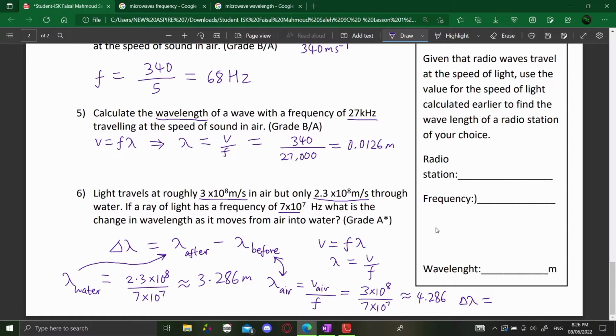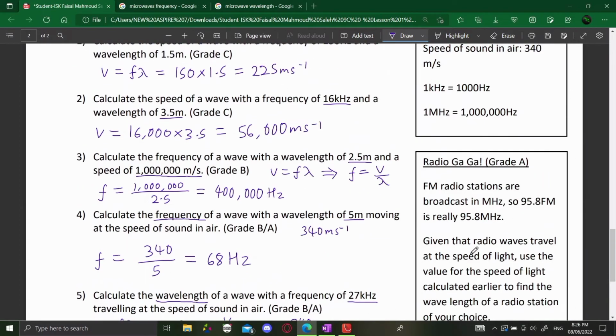The wavelength in water we found out to be 3.286, and the wavelength in air was 4.286. So that comes out to be -1. So -1 meter. So that's the answer.